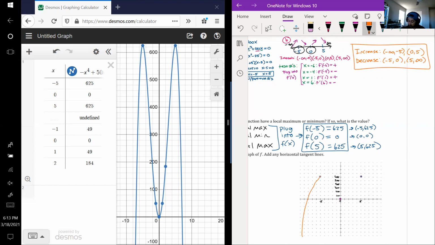And then from -5 to 0, we decrease. And then from 0 to 5, we increase. And from 5 to infinity, we decrease. And that's how you draw the letter M.